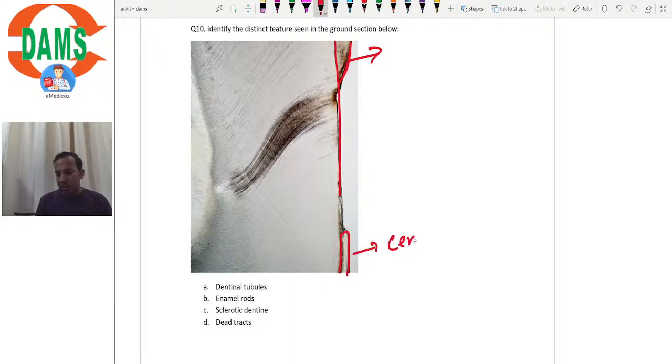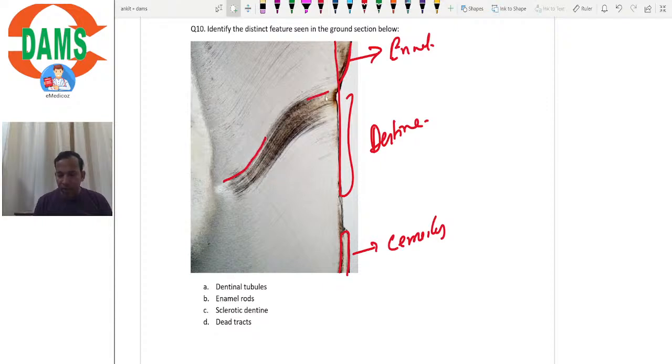So probably this represents cementum, and this is enamel, and hence this would be dentine. And you can see the sigmoid, or S-shaped, appearance of dentinal tubules here. You can clearly appreciate it. So that again endorses the fact that this is dentine.